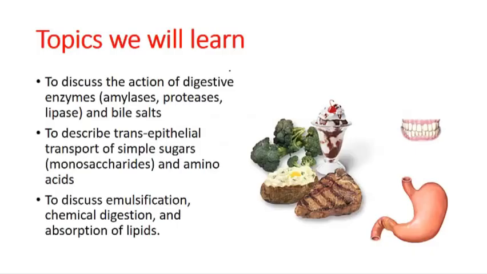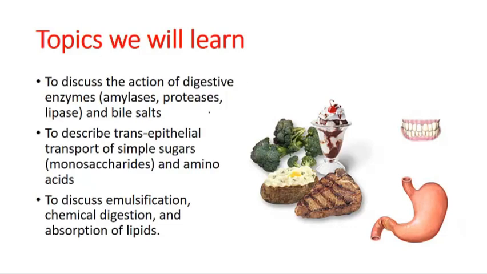Now chemical digestion involves breaking down food with the help of enzymes, and those enzymes break down macromolecules into small fragments and nutrients. Once those small fragments are generated, they are absorbed in the GI epithelium cells.